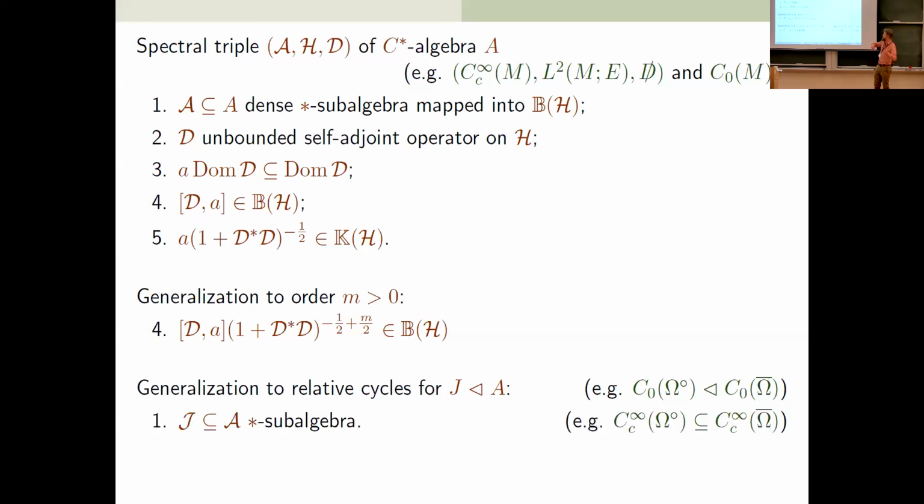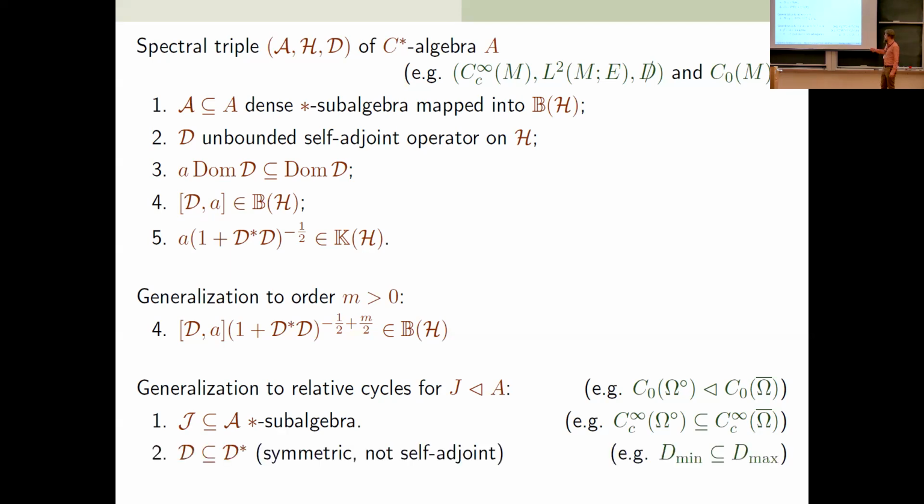You have to have another dense star subalgebra of this ideal J. The ideal is the interior, and then the bigger dense star subalgebra is the smooth functions up to and including the boundary.